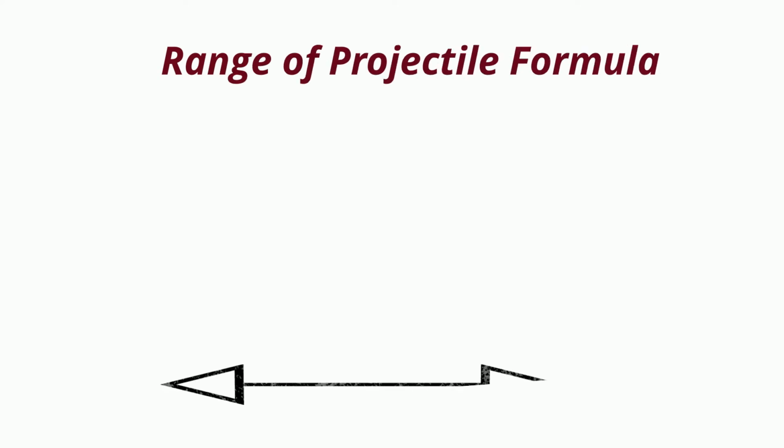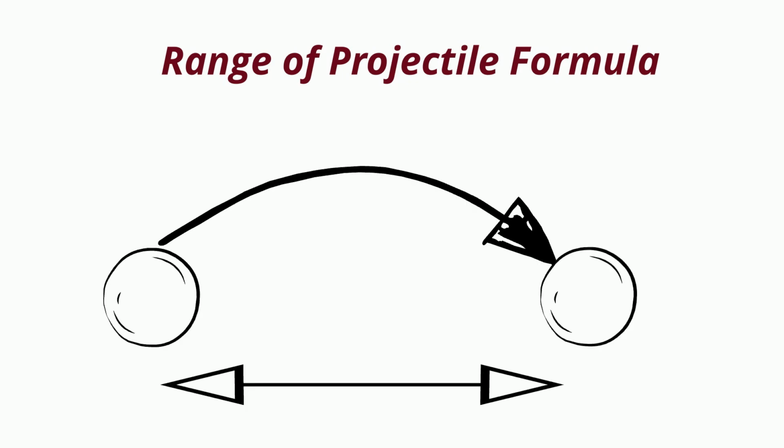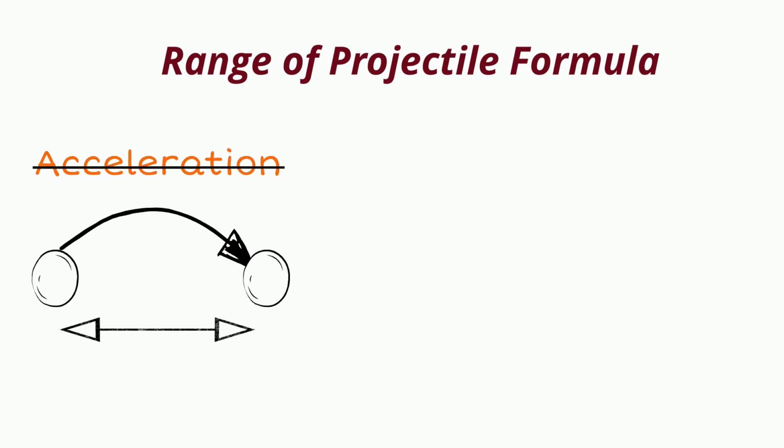Formula for the range of projectile. The total horizontal distance traveled by the object during its flight time is defined as its range, and thus it is usually influenced by the horizontal velocity or speed. There will be no effect of acceleration along this path, since the only force of action that occurs is the gravitational force.